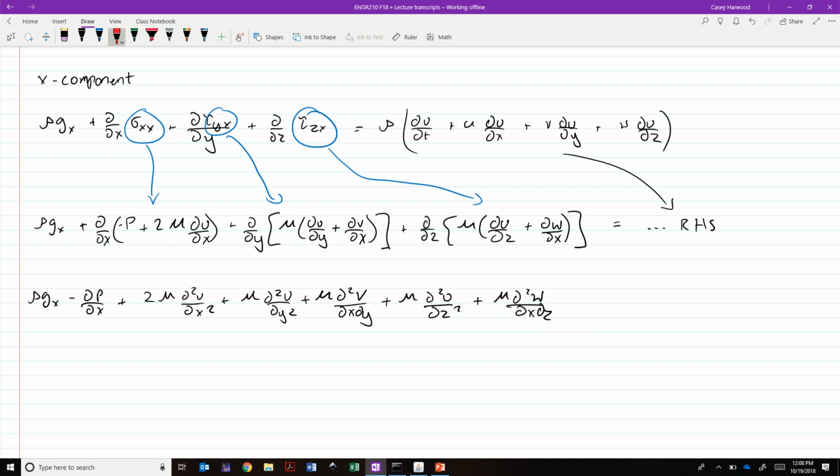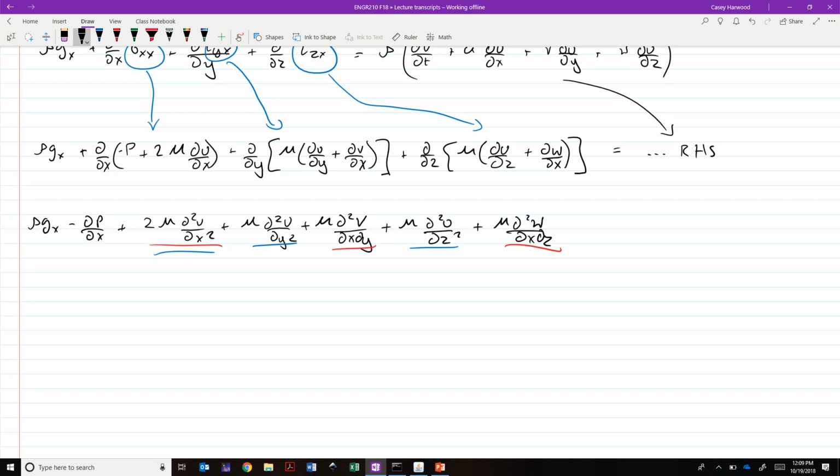So I'm going to take all of the terms here. I've got all the terms that have a d dx present in them, and all of those are a second derivative, and I'm going to underline them in blue. So we've got a mix here of derivatives of x and cross derivatives of x, y, and x, z. I'm going to split those into two groups. Rho gx is equal to the same right-hand side.